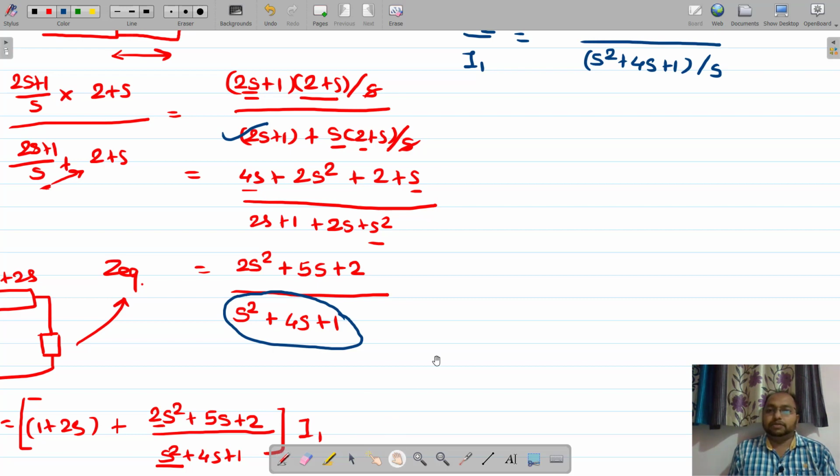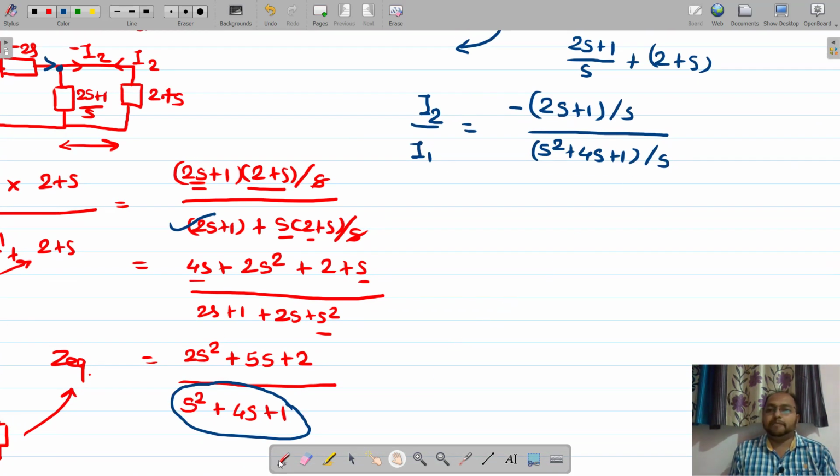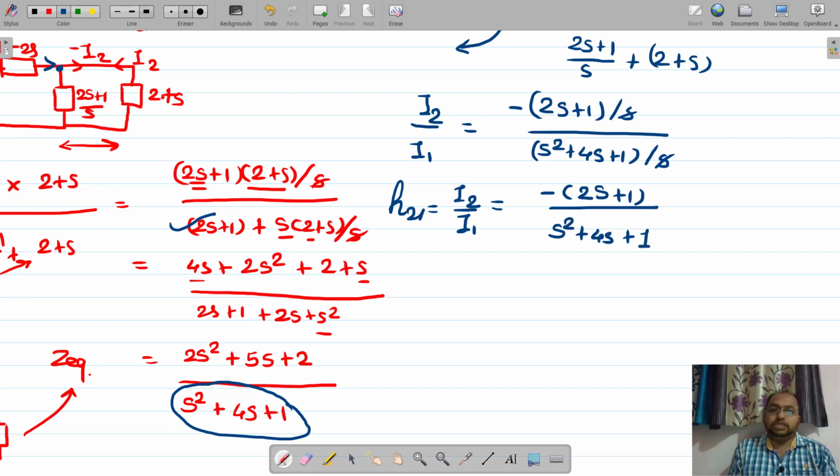Now let us cancel out this s which is there in the denominators. So finally this is nothing but my h21, that is output current to the input current, and that is minus of 2s plus 1 divided by s square plus 4s plus 1. So this is our second h parameter for the given circuit. Is that fine?